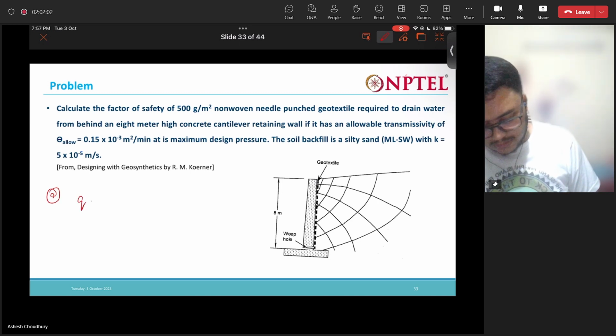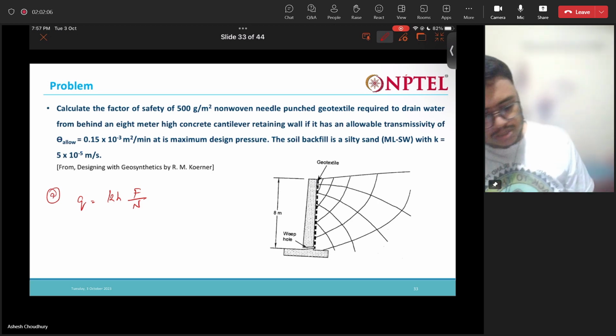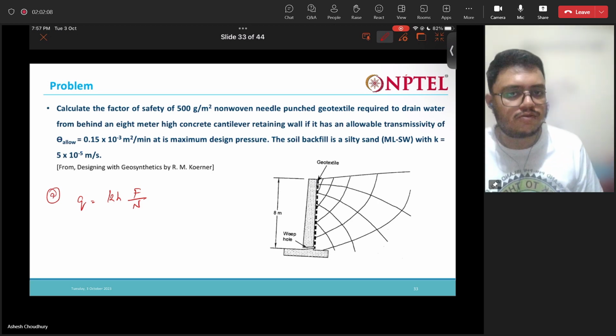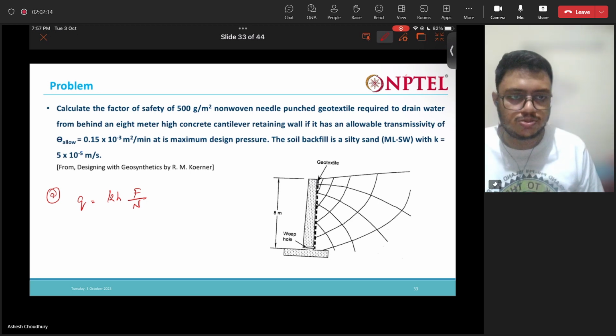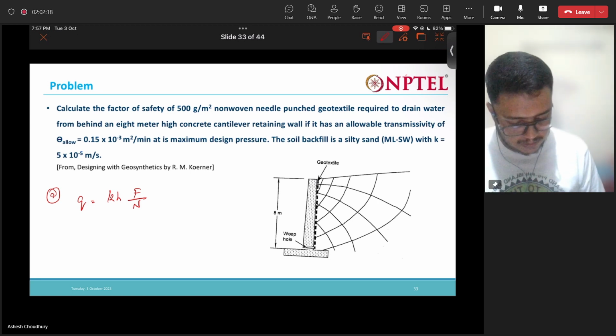What is Q? k h Nf by Nd. For that we need to draw the flow lines and potential lines, and draw the flow net. Here the flow net is already given to us.